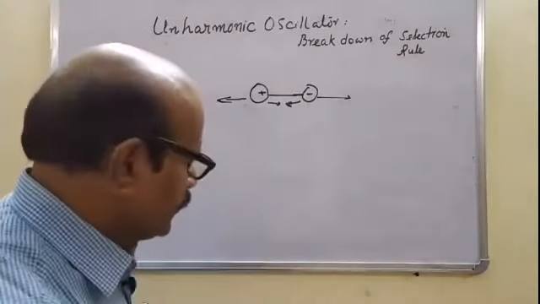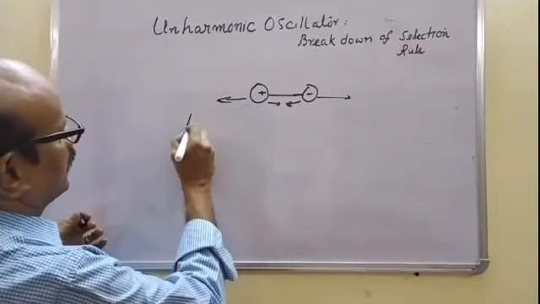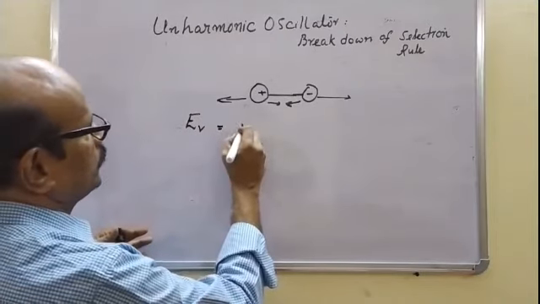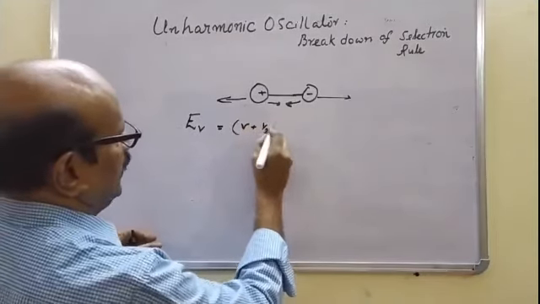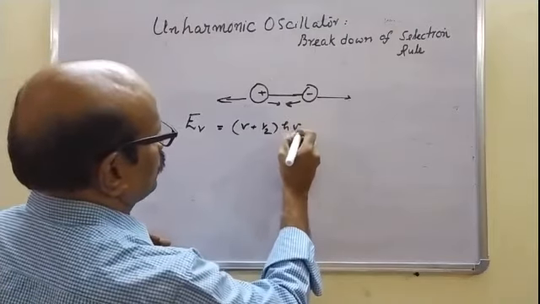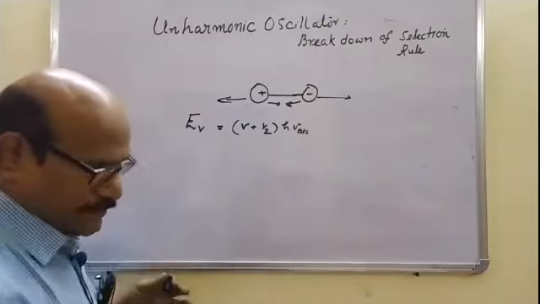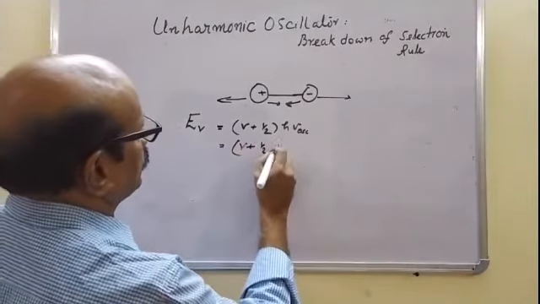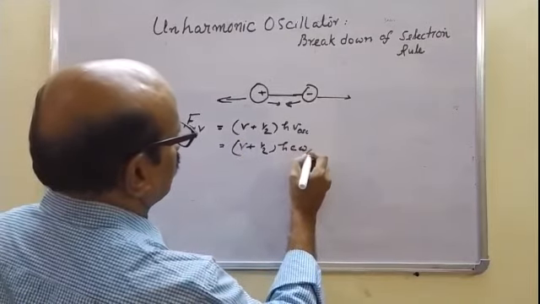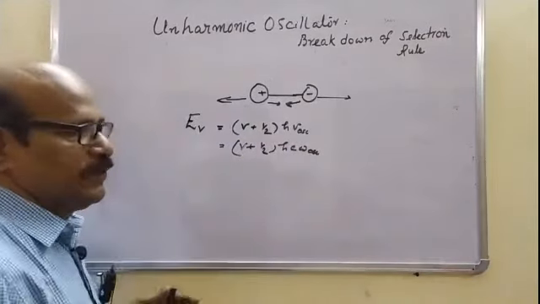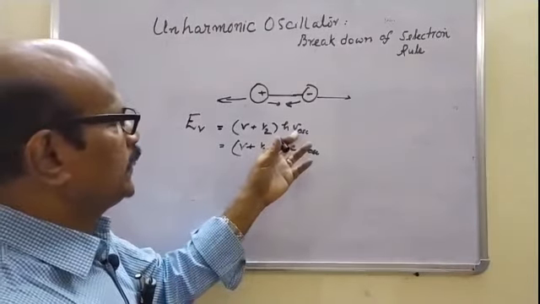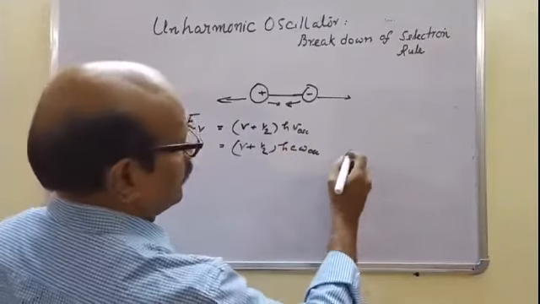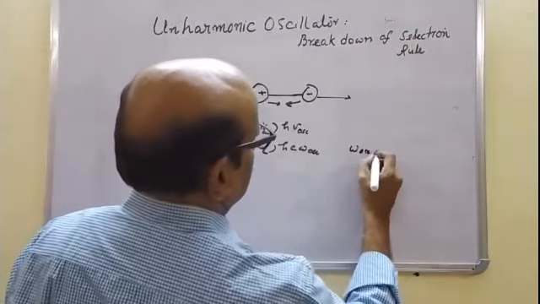All of you know the case of an ideal harmonic oscillator: the vibrational energy E nu is equal to nu plus half, h nu oscillation, that is equal to nu plus half into h into c omega oscillation, where omega is the wave number corresponding to the characteristic oscillation of the molecule.